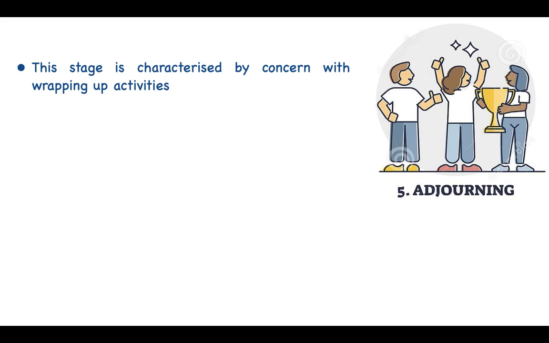Now, not every group goes through the adjourning phase, but some groups come to the adjourning stage relatively easier and faster, while some groups continue for a very, very long time. So here the stage is characterized by wrapping up of activities.